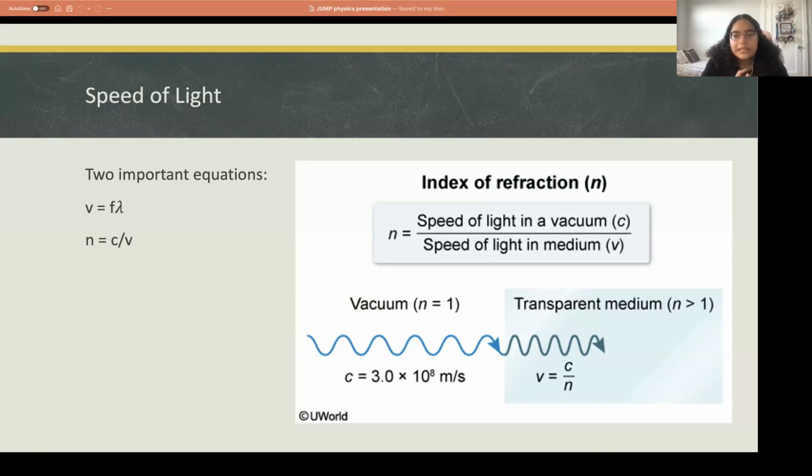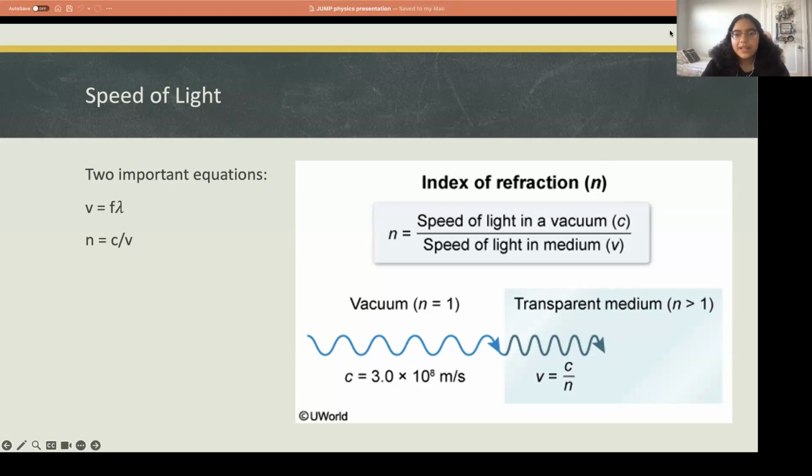Another thing to know is the index of refraction of a material. C, that constant, is the speed of light in a vacuum. When there are no molecules, no medium, that's how fast it goes, but it will be slower when it's moving through something. Even in air it's slightly slower, and in water and other materials it moves a bit slower. To get the index of a material, you take the speed in a vacuum, the 3 times 10 to the 8, and divide it by the speed in that actual medium, like glass.